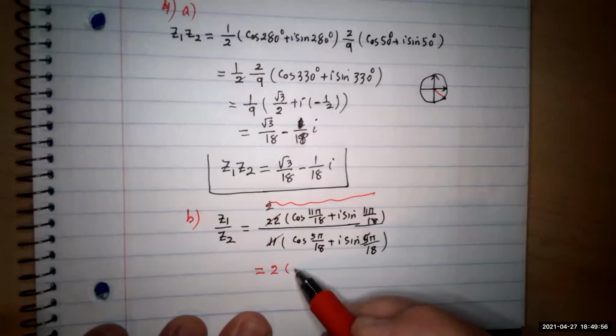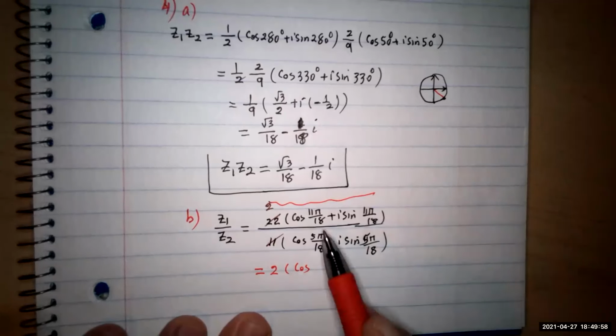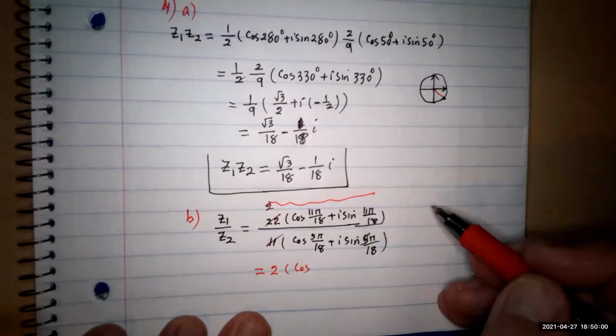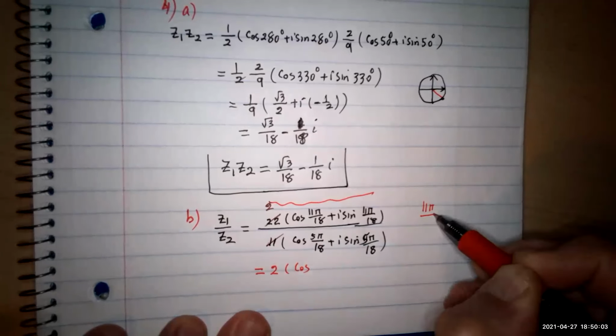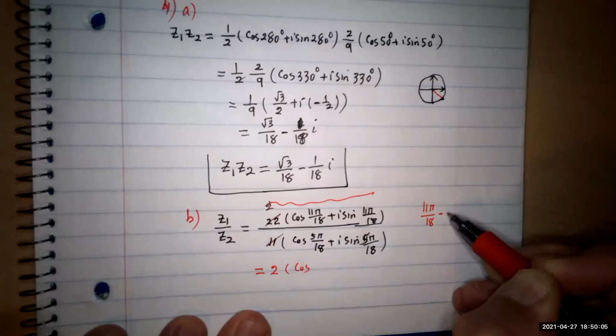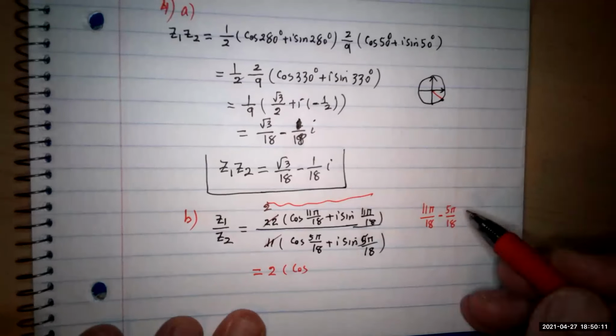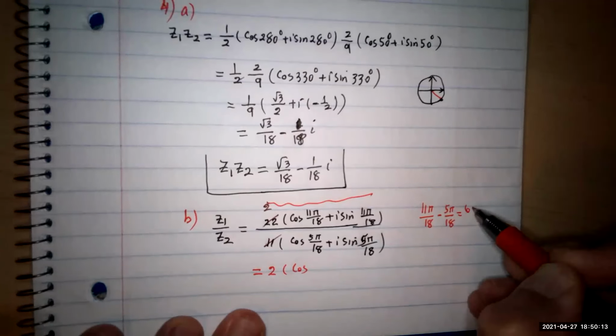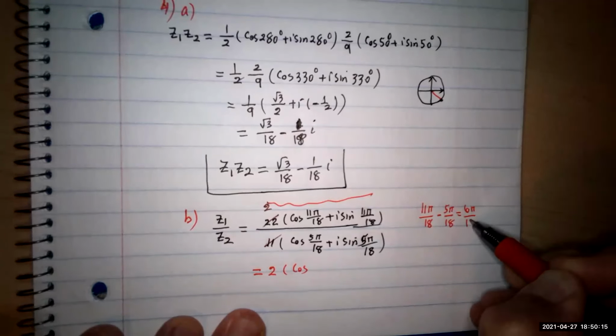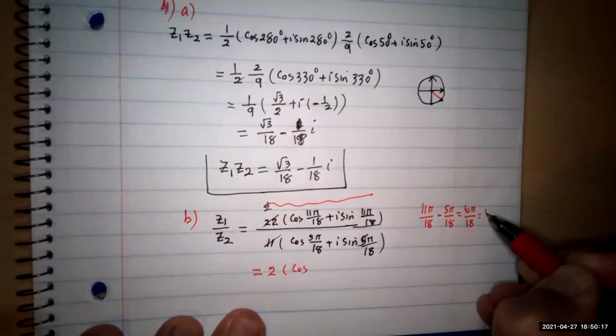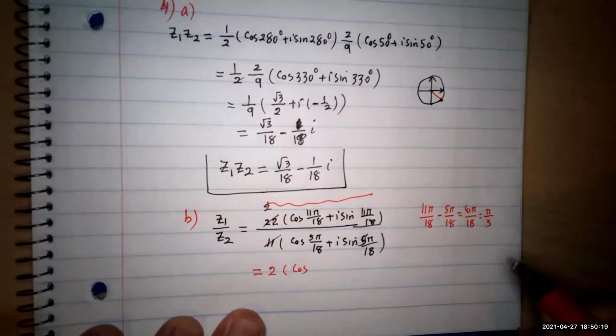It's going to be 2 times cosine of 11 pi over 18 minus 5 pi over 18. That's it. 11 minus 5 would be 6. So that gives 6 pi over 18. You simplify it, so that gives you pi over 3.